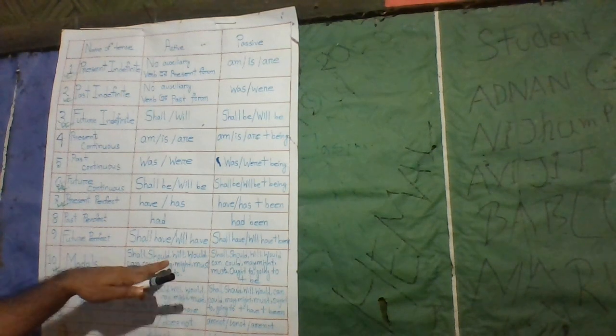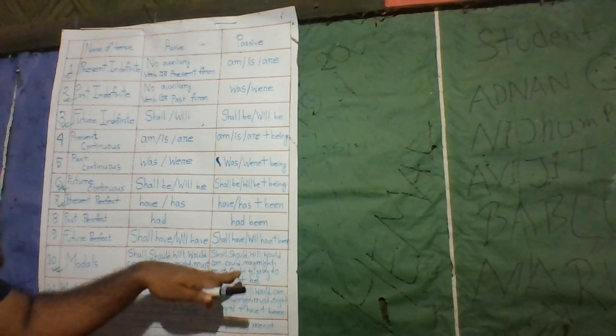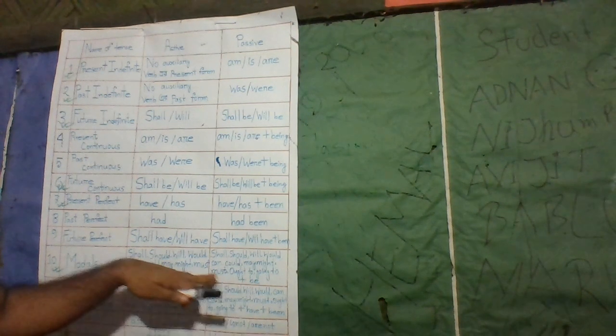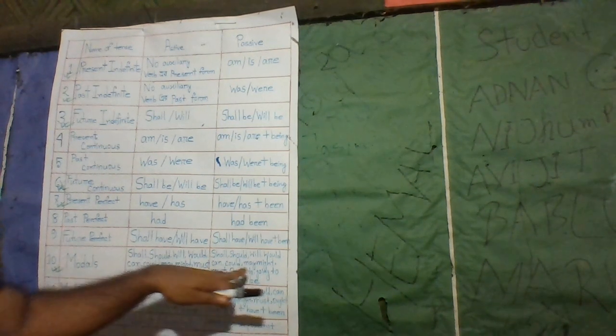If we can find these modals in the active sentence, then you have to add extra auxiliary be to make it passive. Suppose if you find should in the passive sentence, it will be should be. If you find can in the passive sentence, it will be can be.